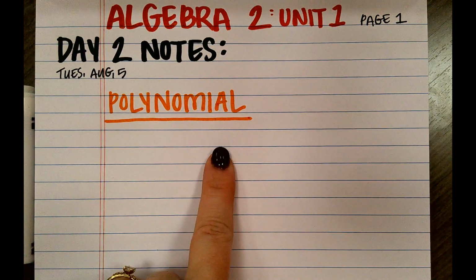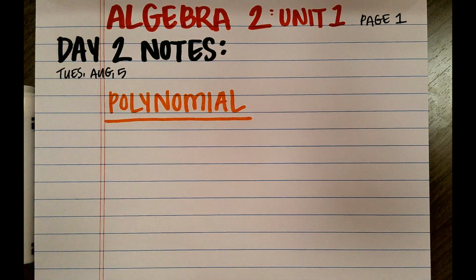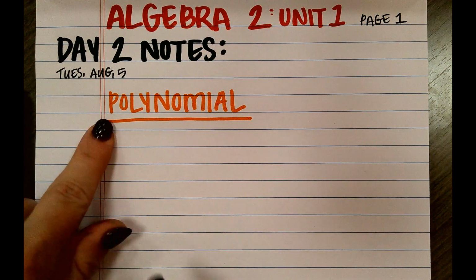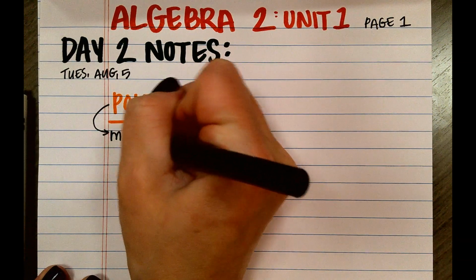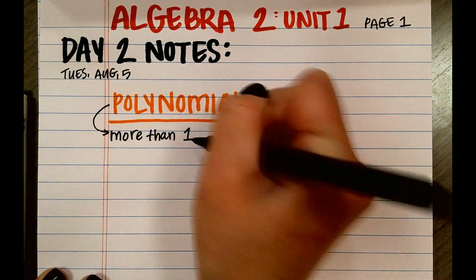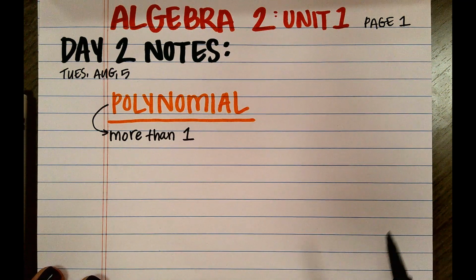So, poly, that beginning word, poly, that means many, more than one. It could be 2, could be 3, could be 4, could be 20. Poly is more than one. And what's nomial mean? Numbers or terms.